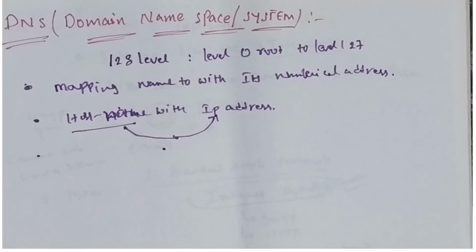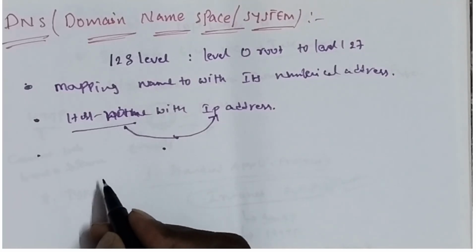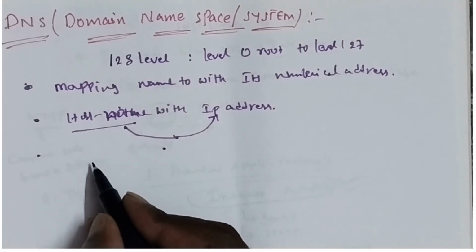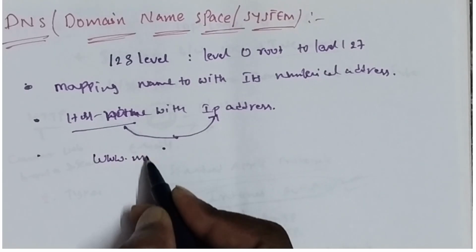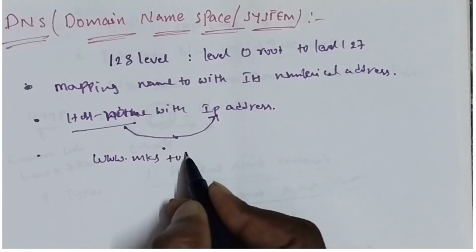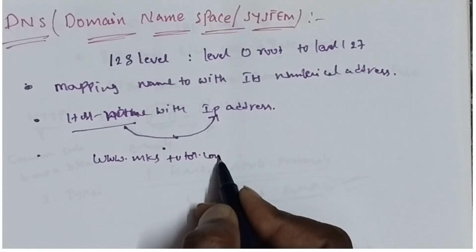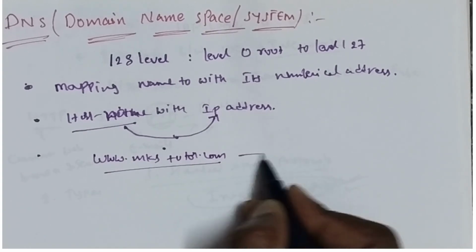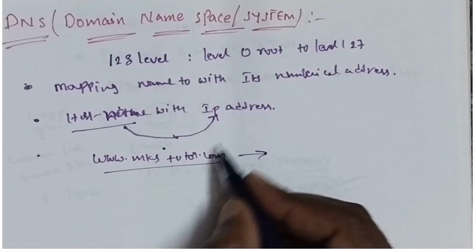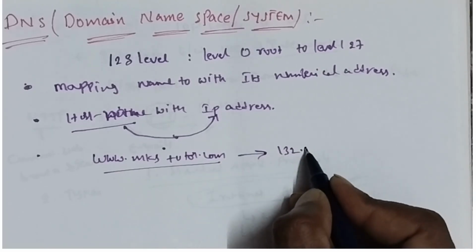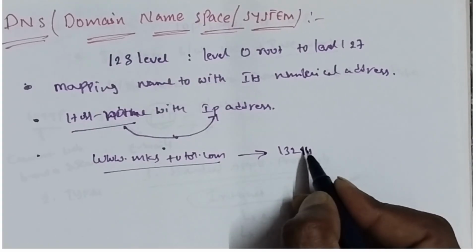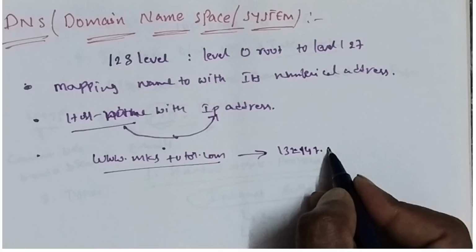For example, suppose you want to search for a website like www.mkstutor.com. This is the host name. This address will be taken by the DNS and converted into the specific IP address. The IP address of this website will be displayed.